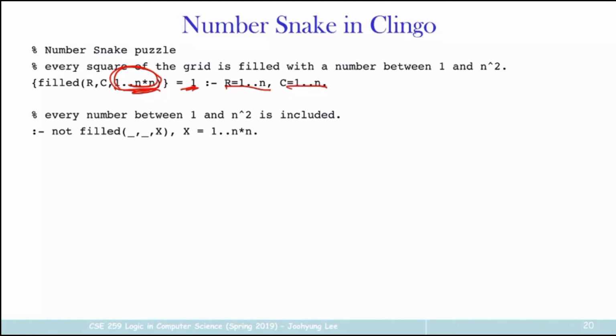So what this rule is saying is I don't care about the positions R, C, but each number from 1 through n square must be filled in. Once you give this, you are giving a one-to-one correspondence between the row and column pairs and the digits.